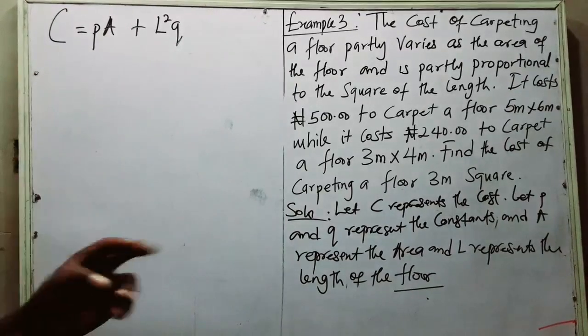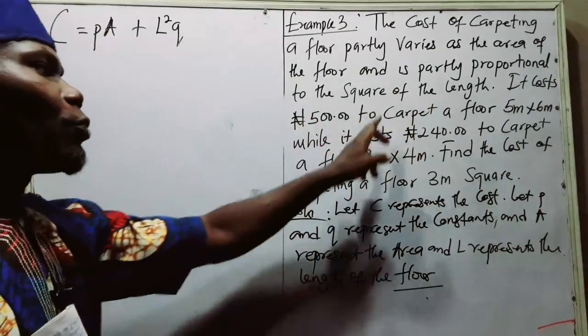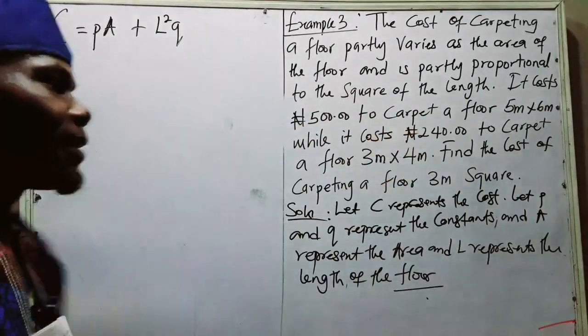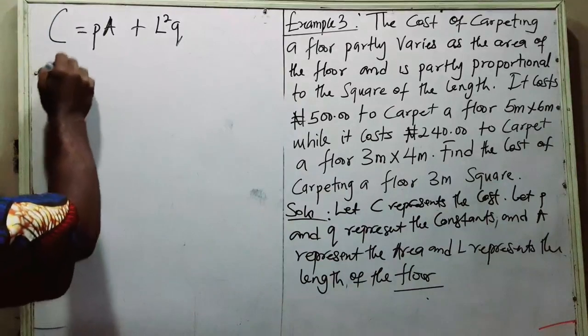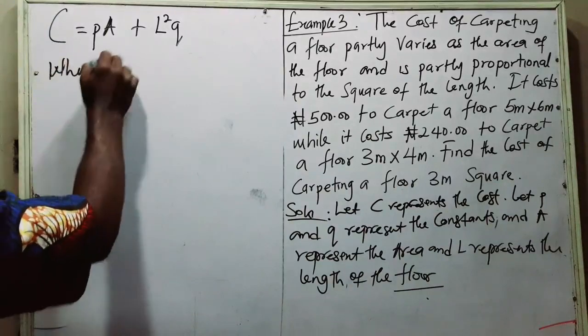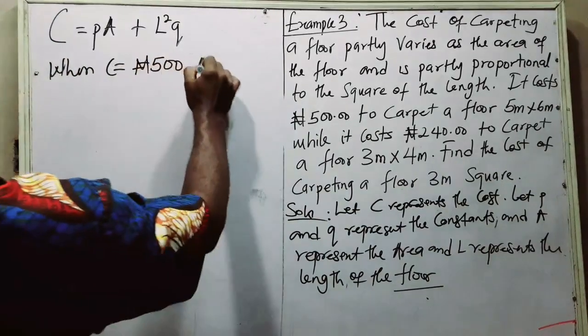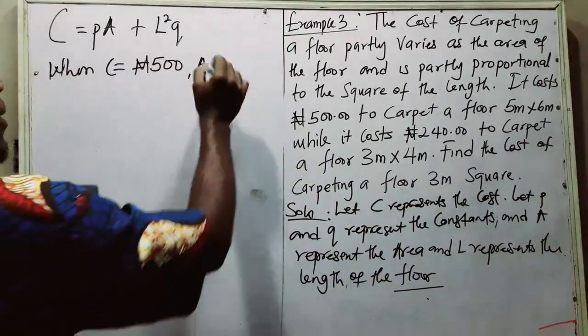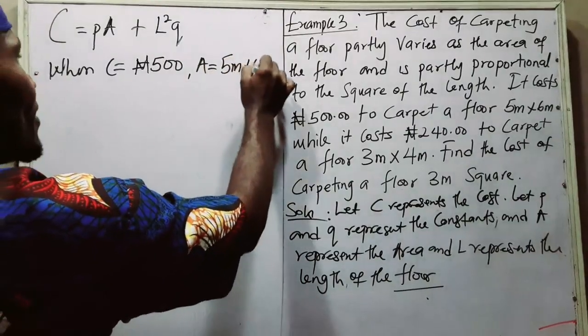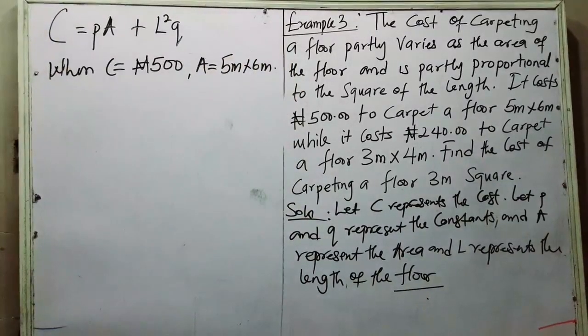Now, it said it costs 500 naira to carpet a floor 5 meters by 6 meters. So when C is 500 naira and the area is 5 meters by 6 meters. Please, I want to go back to geometry at this junction, where we want to talk about the area of a given shape.